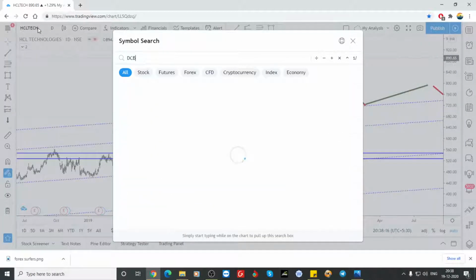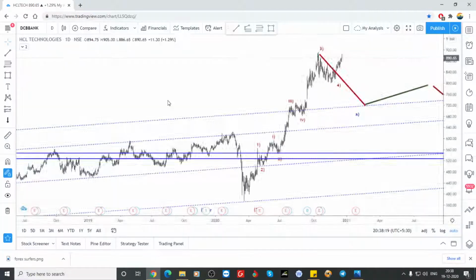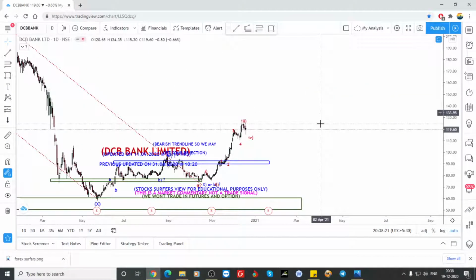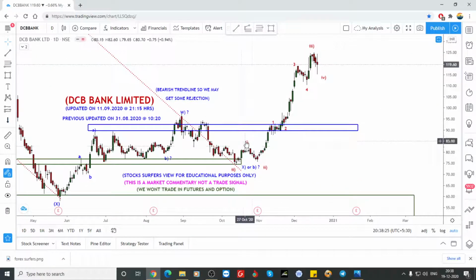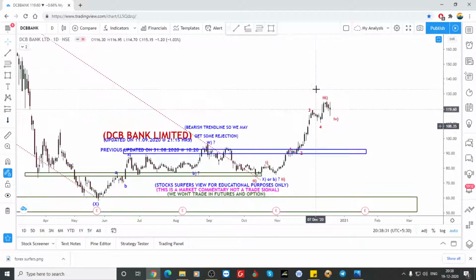And DCB in the bank sectors, it looks like 1 2 1 2 3 4 5. So we are in the fourth wave. One more wave to the upper side is also possible.